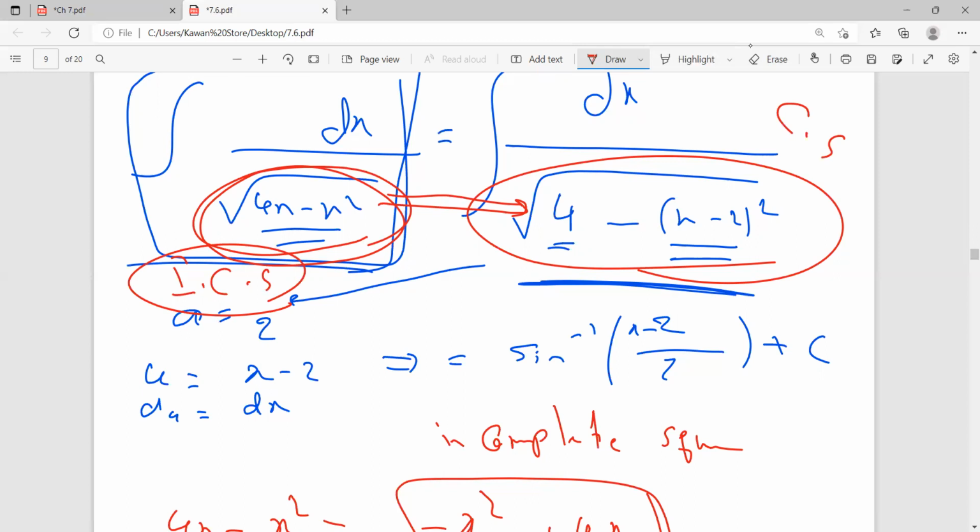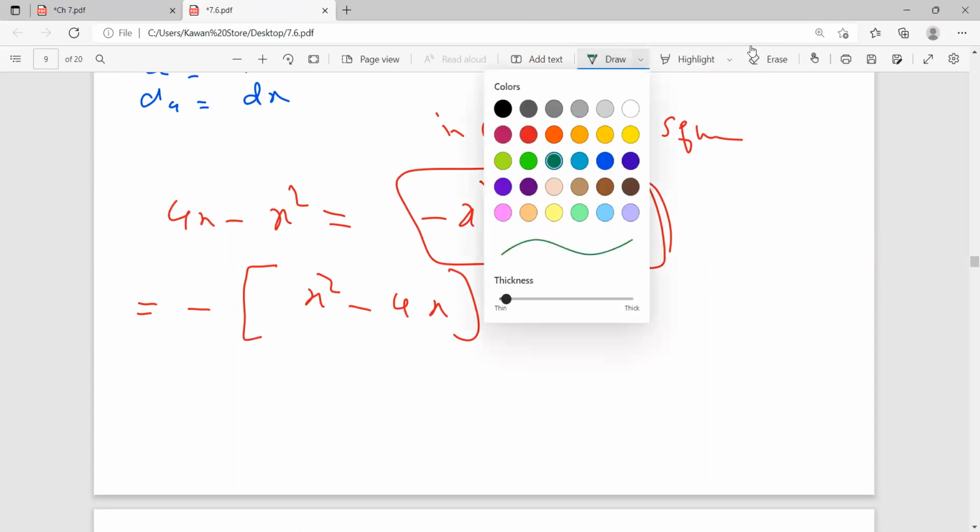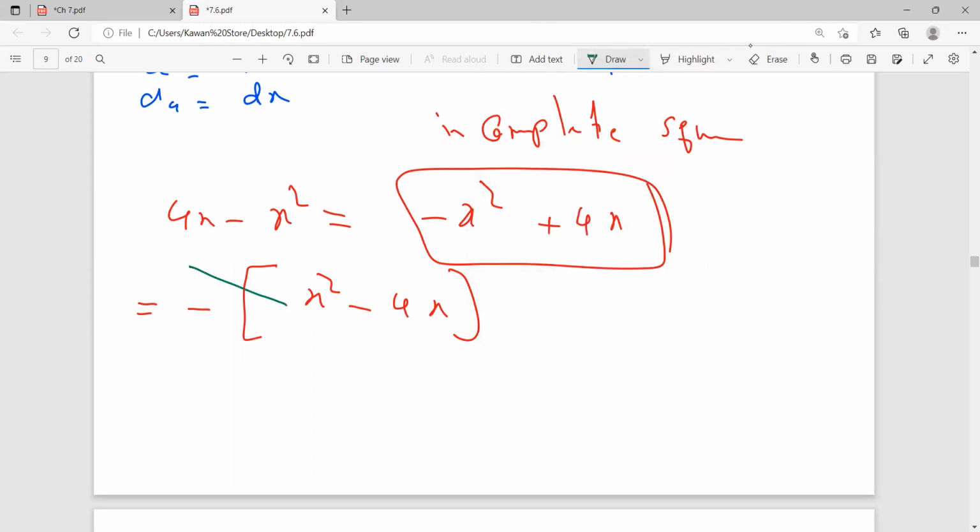Why? Because if I change that one to a complete square, I can use the formula. Now you know why I changed it. But how we change it, that's the problem. For completing the square of x squared minus 4x, the coefficient in front of x squared should be 1. That's why I took minus as a common factor.